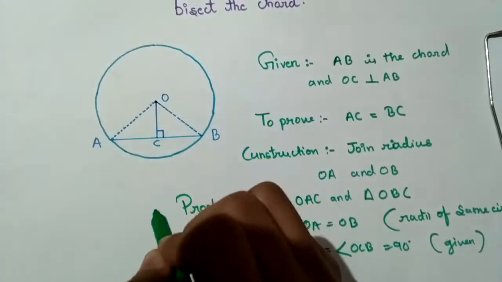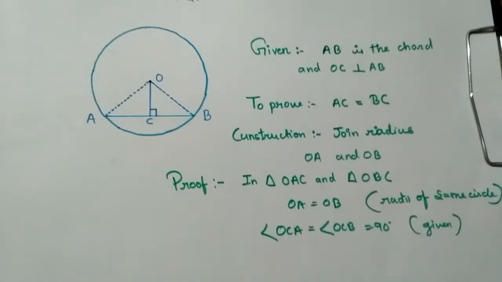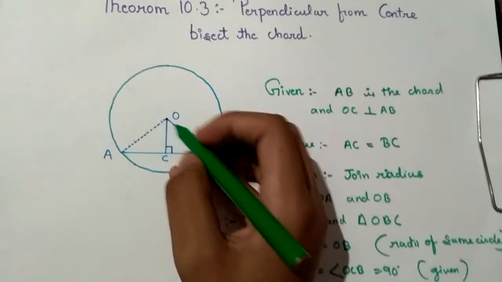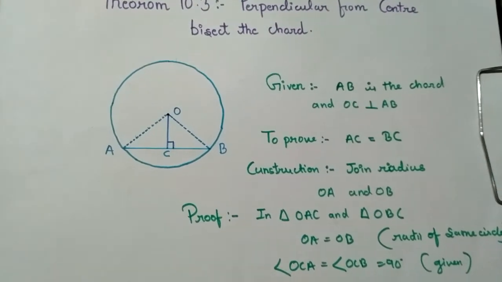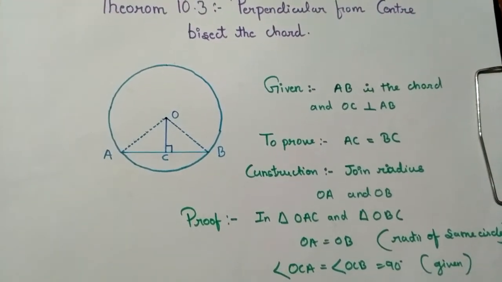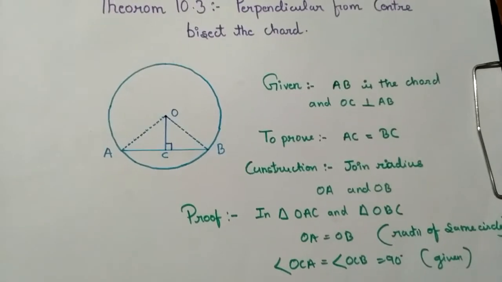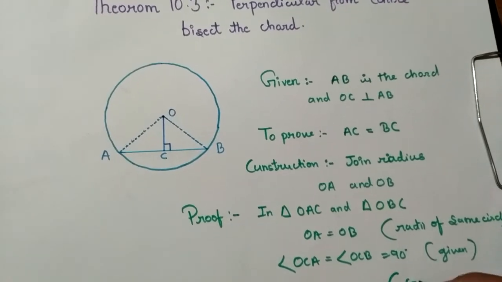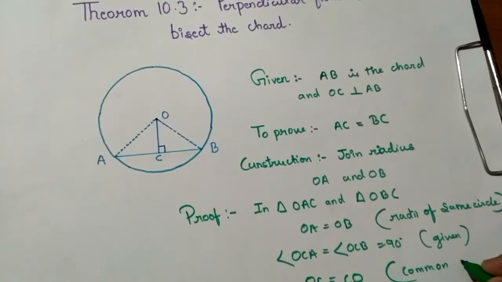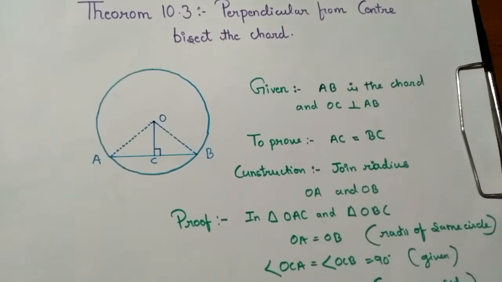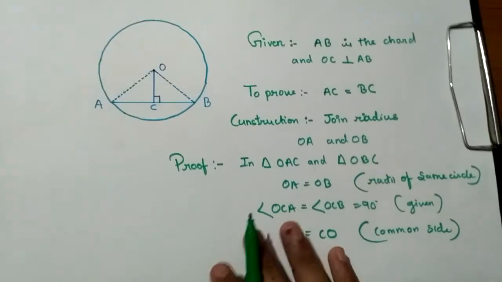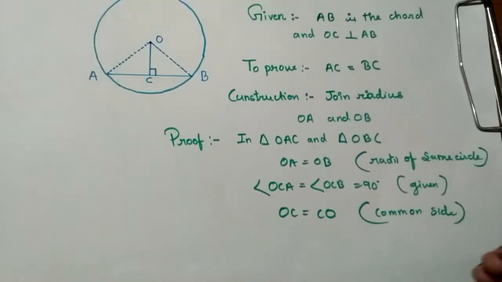Any line which is perpendicular, its angle is 90 degrees. So we have taken two conditions and we need only one condition more. I can write here that OC equal to CO, or you can write OC equal to OC, anything. That is the common side. This side is the common side, so I have written here OC equal to CO.